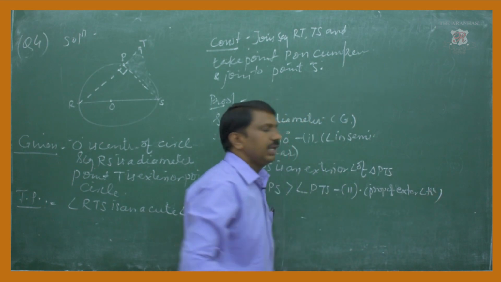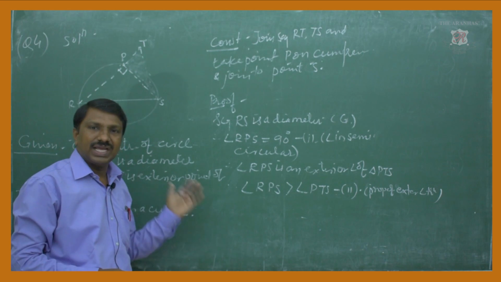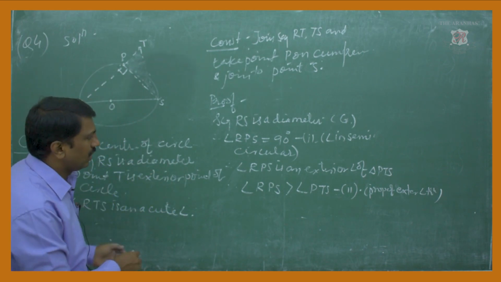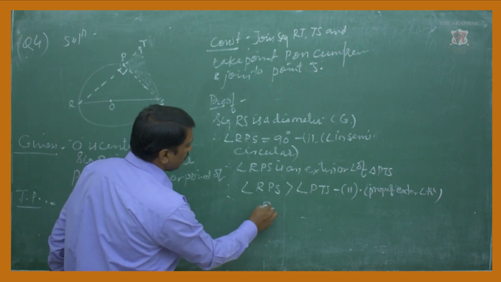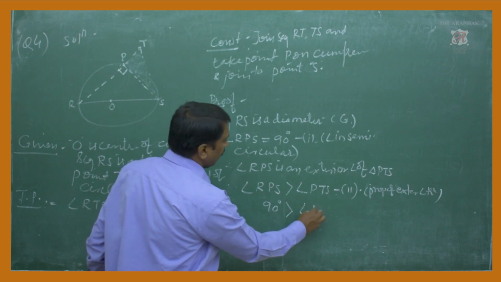We studied the exterior angle property, that the measure of an exterior angle is always greater than its remote interior angle. Now let's see, angle RPS is 90 degrees, so 90 degrees is greater than angle PTS.